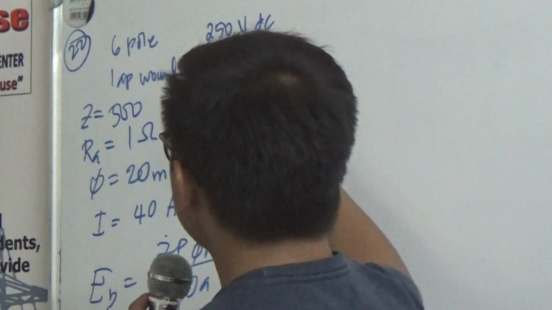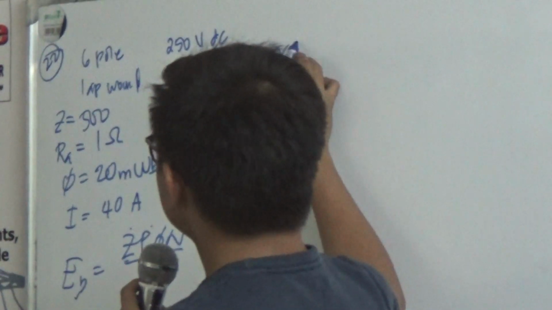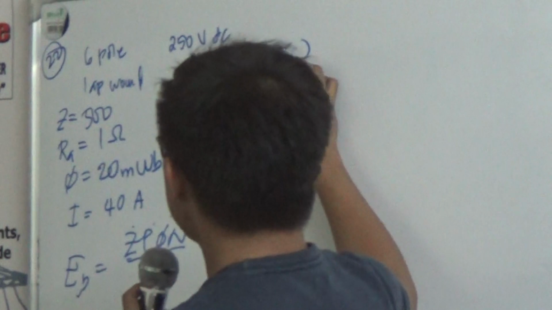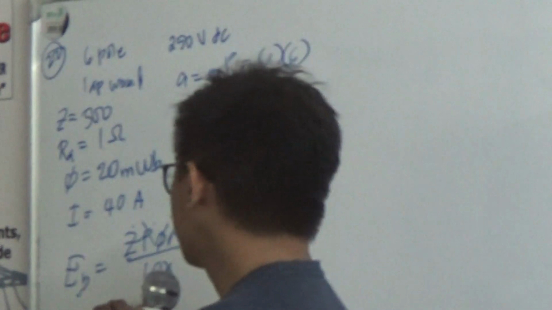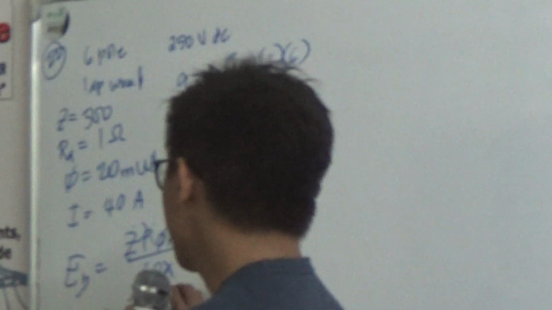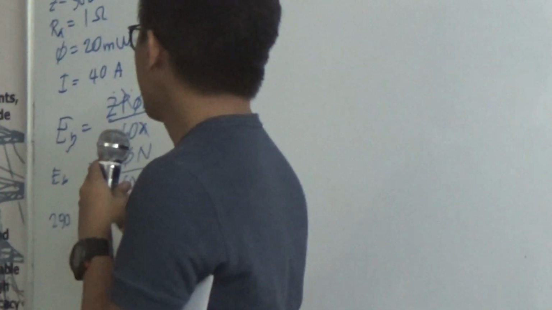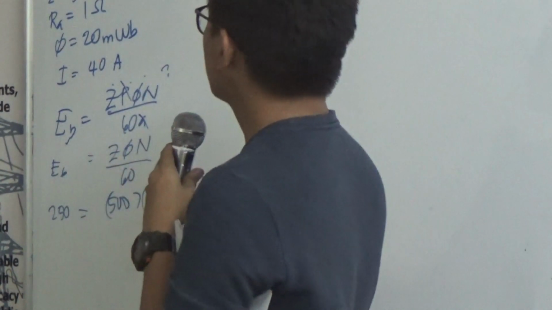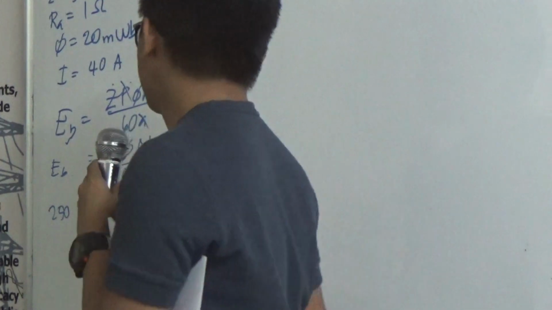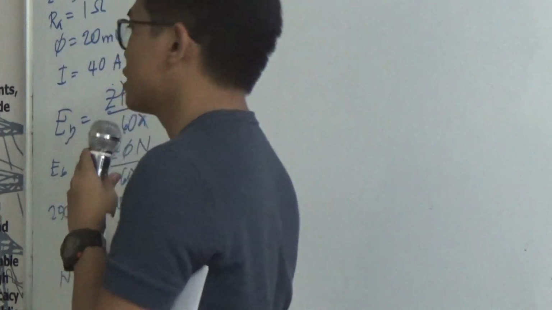A will be equal to P, so it's simplex, 1 times 6. Same lang, so pwede na mag-cancel. So back EMF: 250 is equal to 500 times 20 times 10 to the negative 3 multiplied by the speed over 60. So, what will be the speed?